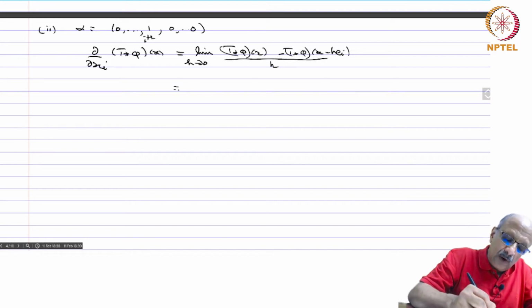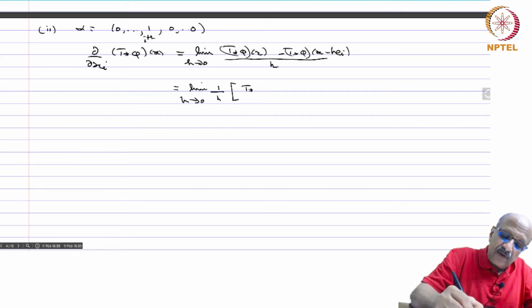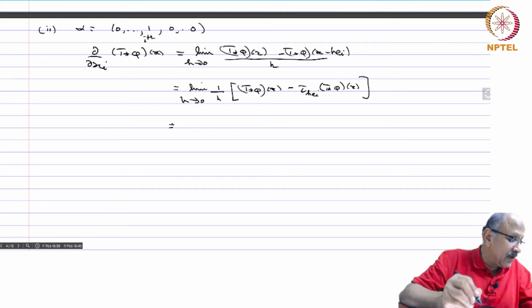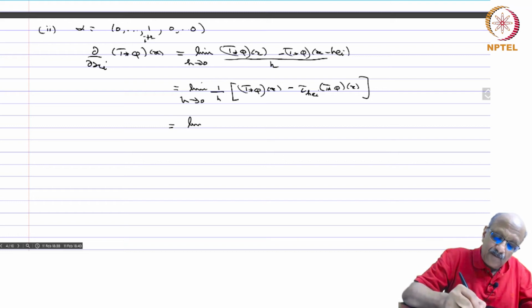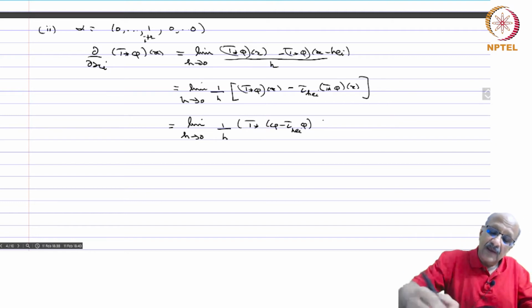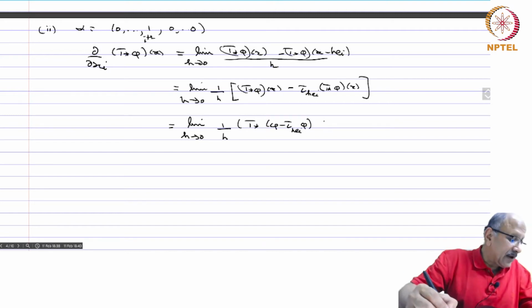This is equal to the limit as h goes to 0 of 1 by h of T star phi of x minus tau of h ei T star phi of x. Now of course, we have the choice of pushing the tau h wherever we like. So, we have the limit as h tends to 0 of 1 by h times T star phi minus tau h ei of phi, evaluated at x.